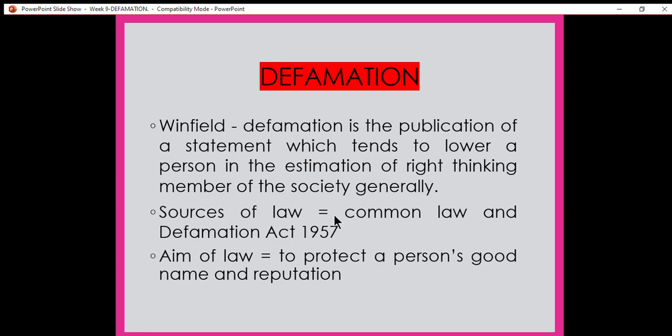So the rationale, the aim of the law, is that we need to protect a person's good name and reputation. This is important so as not to allow others to post statements which can affect an individual's reputation in society.